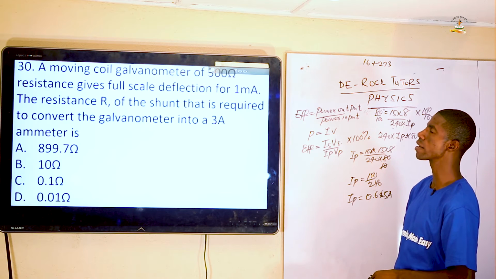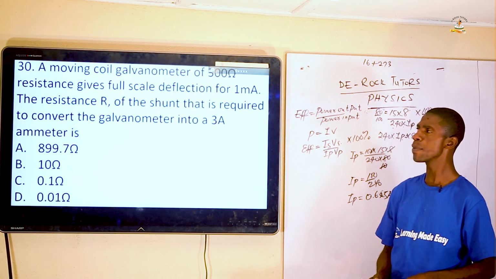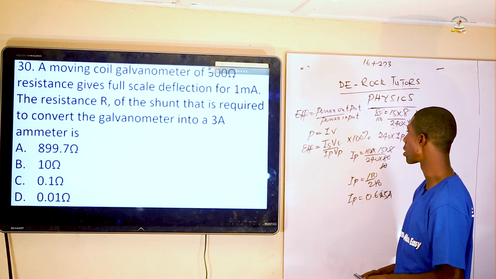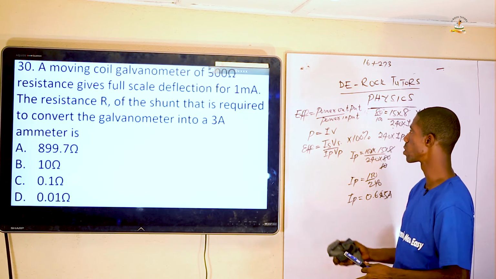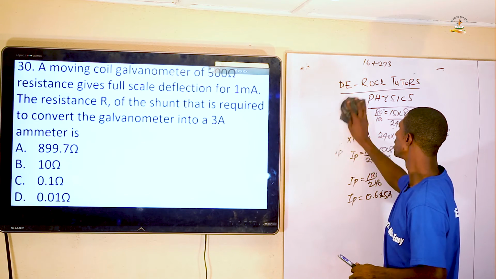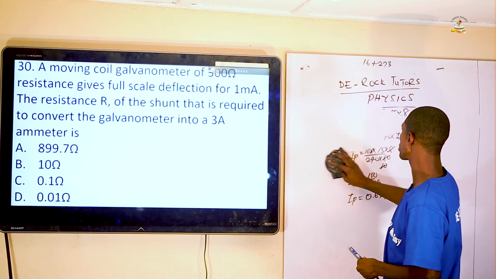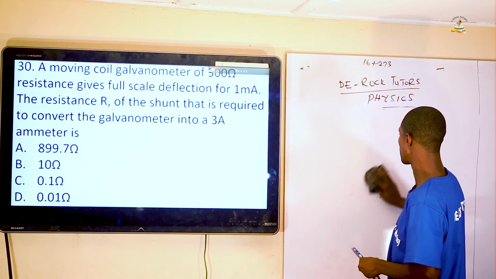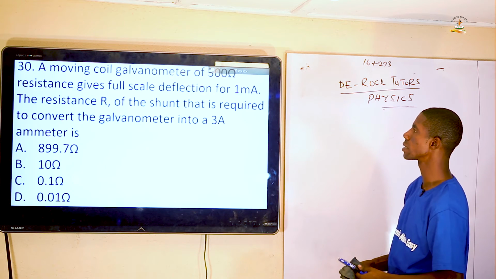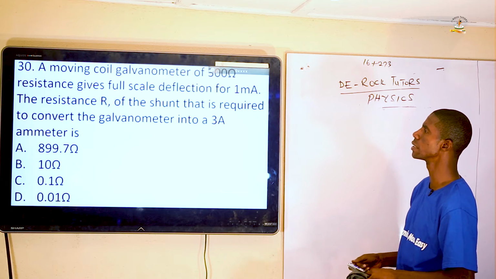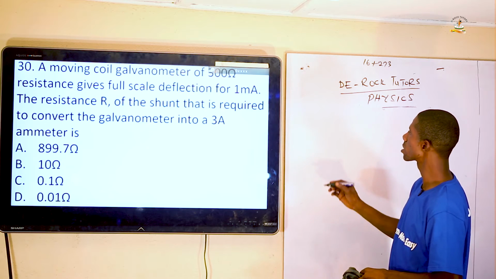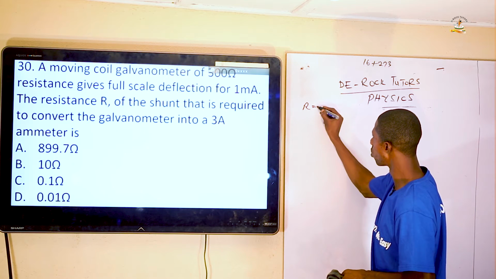A moving coil galvanometer, on its own, is an instrument that can measure both current and voltage with high accuracy. So it can combine the measurement of current as well as potential difference with high accuracy. Then in this question we are given a moving coil galvanometer of resistance 300 ohms.